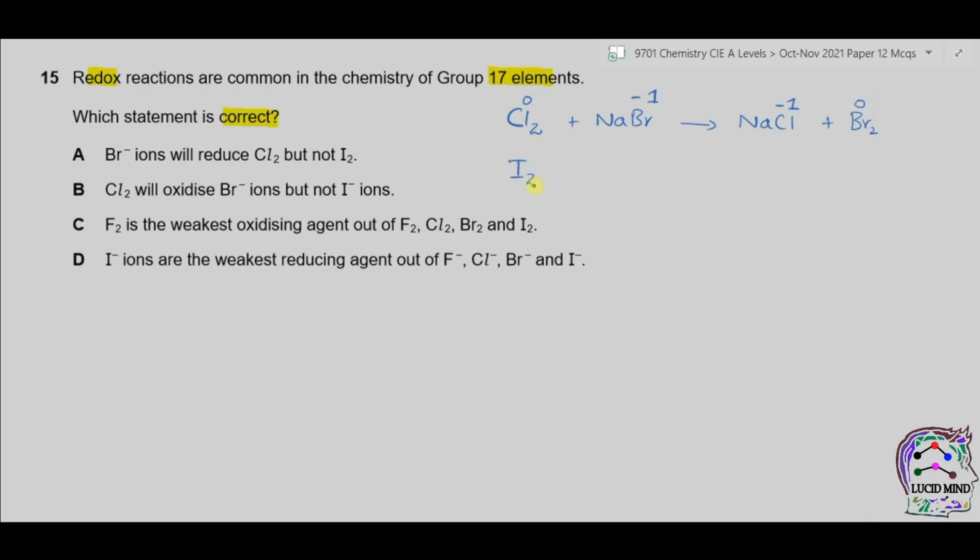Now as we know that iodine is below bromine, it is unable to displace bromine from sodium bromide. So no reaction will take place. Now in the first one, we can see that chlorine has reduced and bromine has got oxidized.